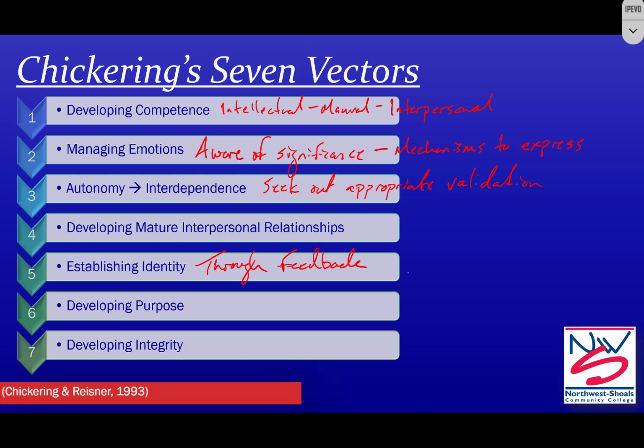So this identity development is largely dependent on the vectors preceding it, because of the relationships that we have developed prior to developing our identity, right?